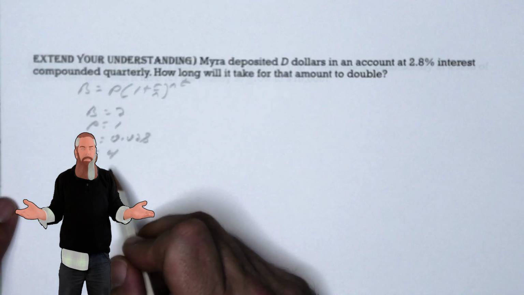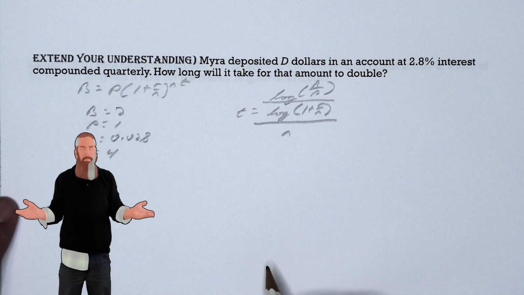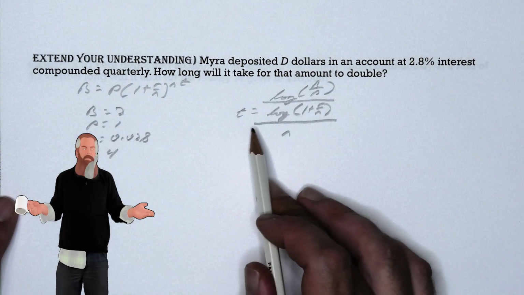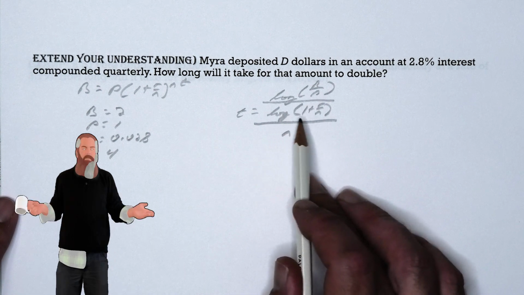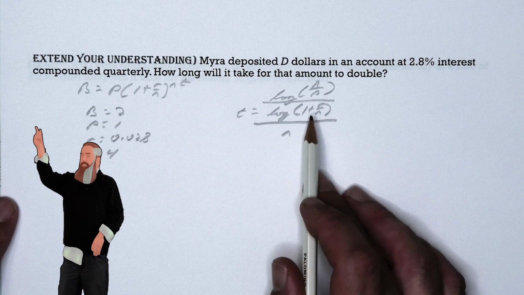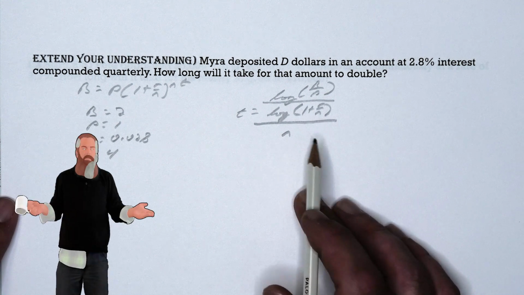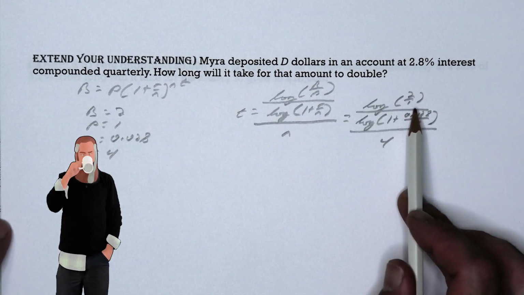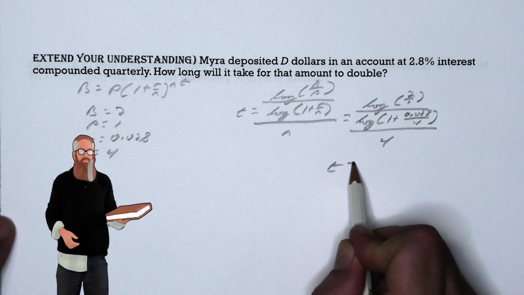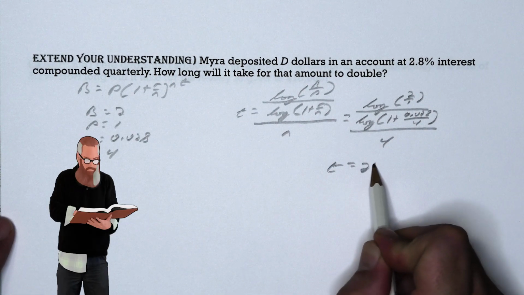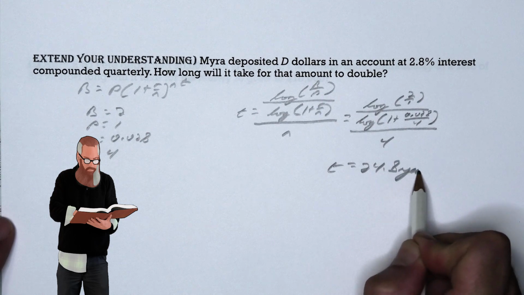We want $2 out. And we know from the last example that t is equal to log of B over P divided by log of 1 plus r over n, all divided by n. Substituting in the values we know for all of the variables, we find that t is equal to approximately 24.8 years.